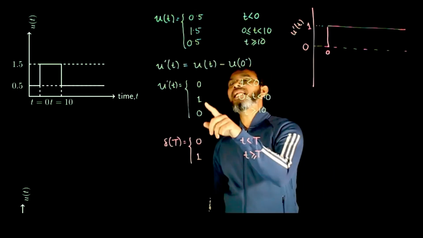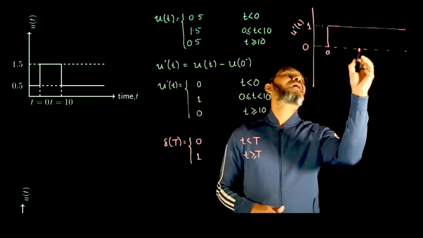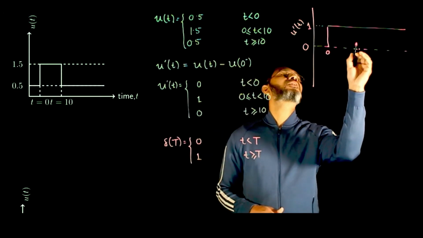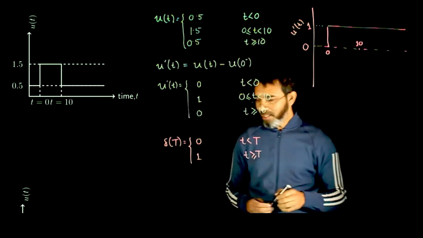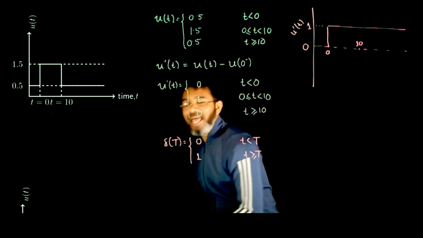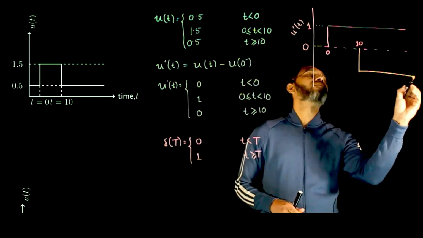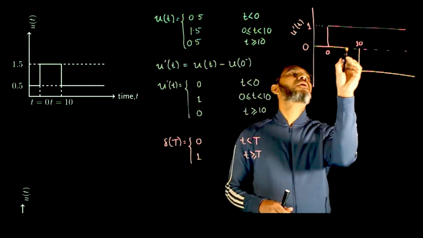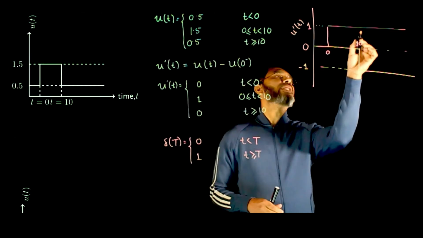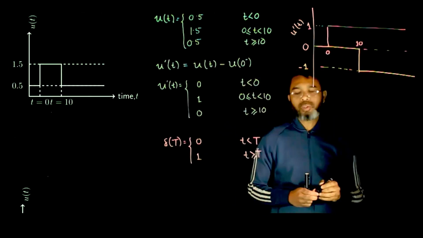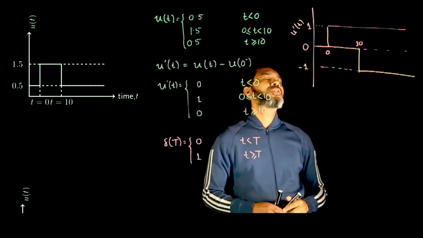The signal comes back to 0 when t is again 10, so at time 10 we need to do something to make it 0 again. To do it, we can simply have another step with a value of -1. If we add these two, we end up with the original signal.